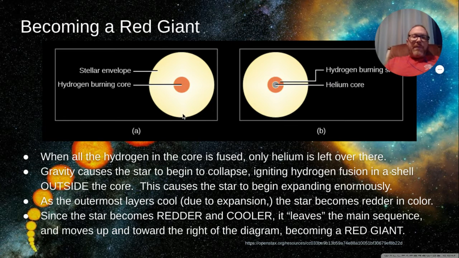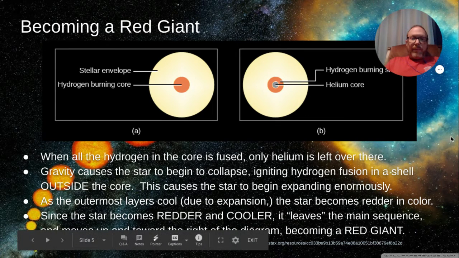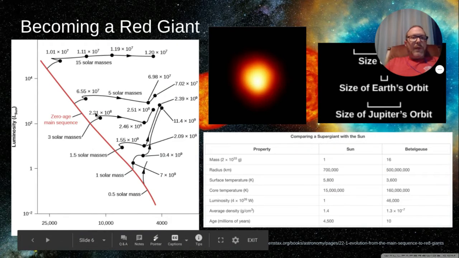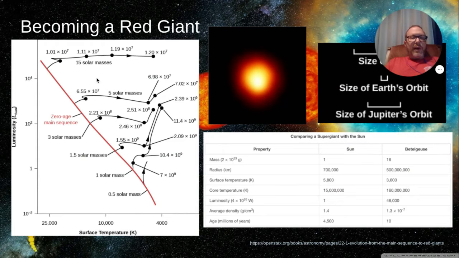And so eventually, as a star gets bigger and it gets redder, it's going to leave its position, not physically, but its position on the HR diagram, and move up to the right, and it's going to become a red giant. So you can see that happening on this HR diagram here. Here are stars that have finished burning through their hydrogen.